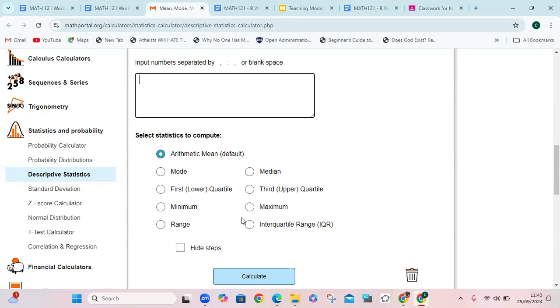So if you use this app to calculate the quartiles and interquartile range, that's okay. The important thing is that you know how to use it and you know what it is for. So you can simply copy and paste the numbers here, the raw data, the raw values, and you can calculate your quartiles using that version also.